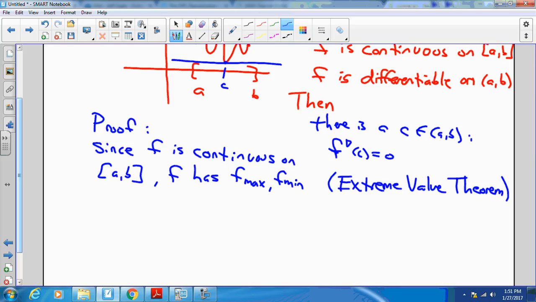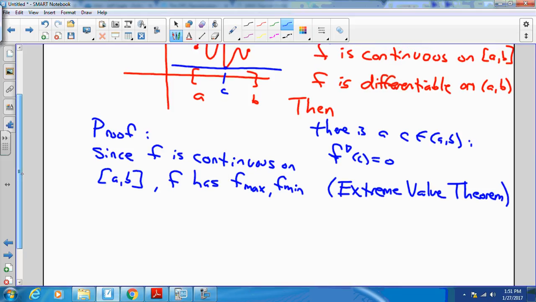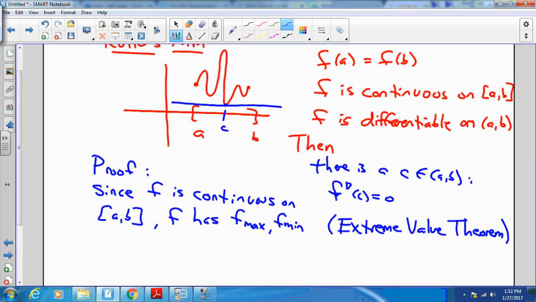It is a lot easier to learn proofs, to learn theorems if you learn their names with them. You don't want to learn the text and not have a handle. Okay? So that's the extreme value theorem. So it has a max and it has a min.